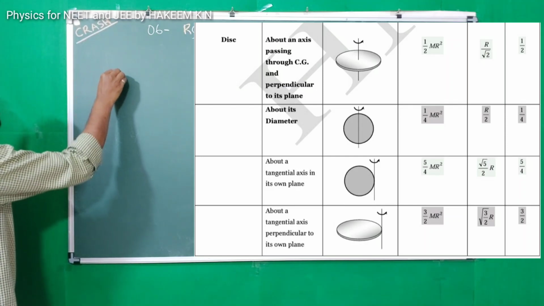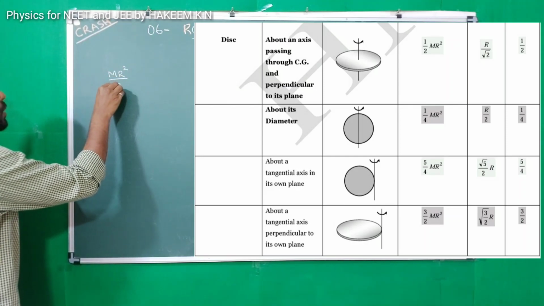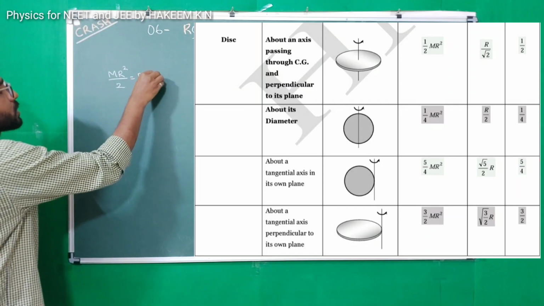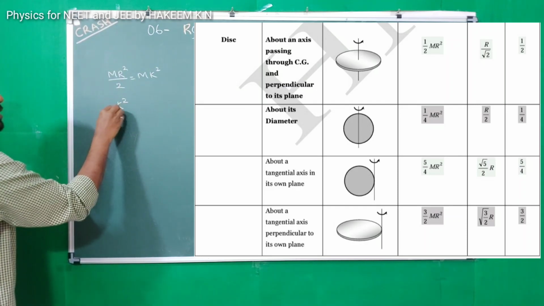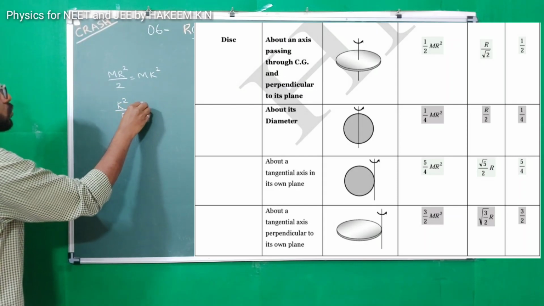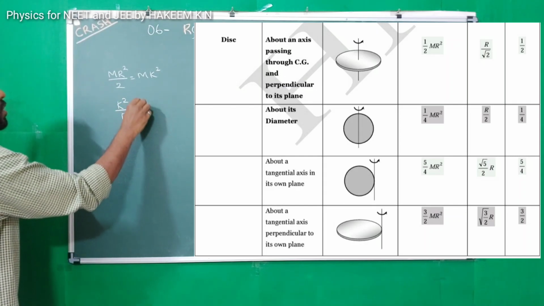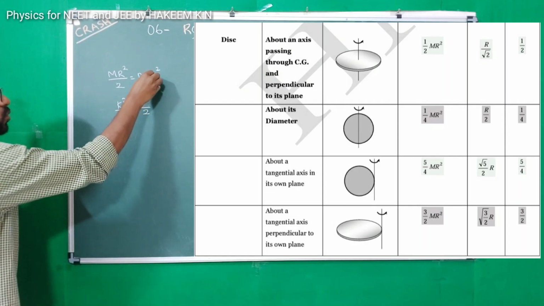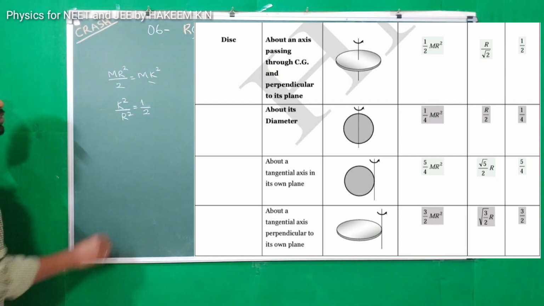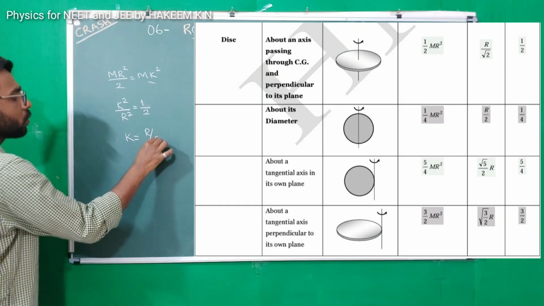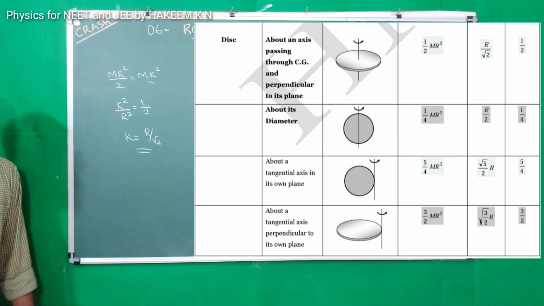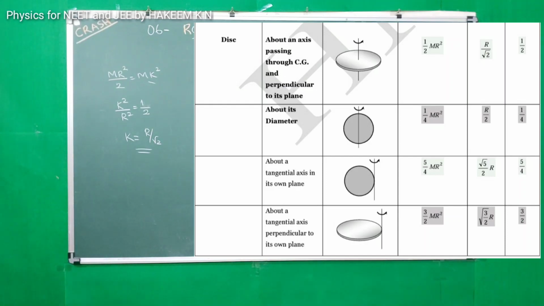Comparing with Mk square, we get k square equal to r square by 2, so k square by r square is 1 by 2, and k equals r by root 2, where k is the radius of gyration of the disk about an axis passing through the center of gravity and perpendicular to the plane.